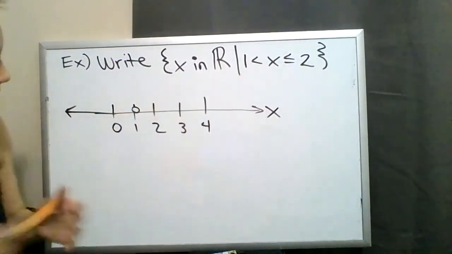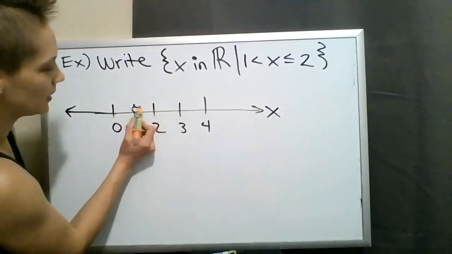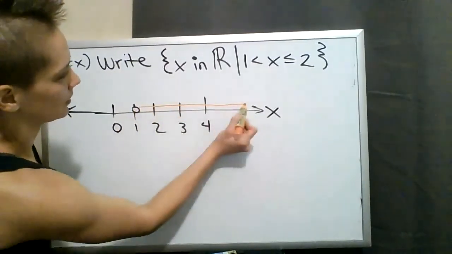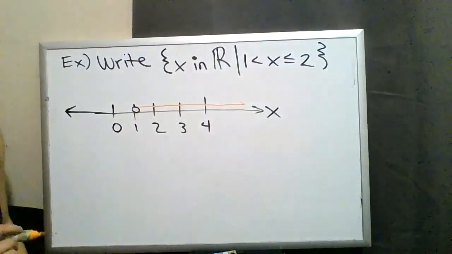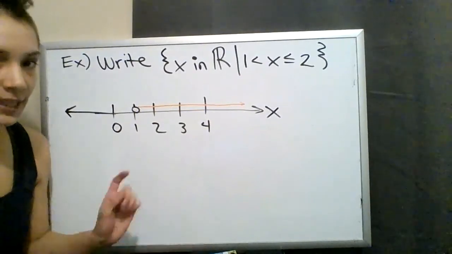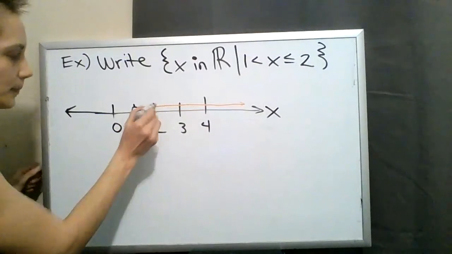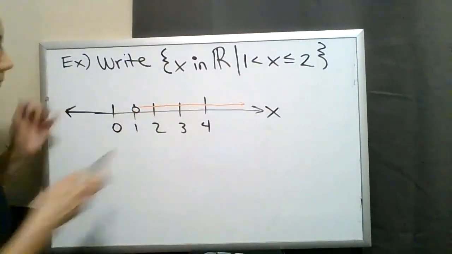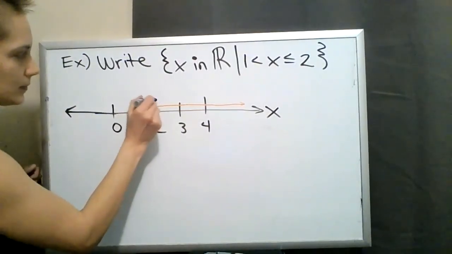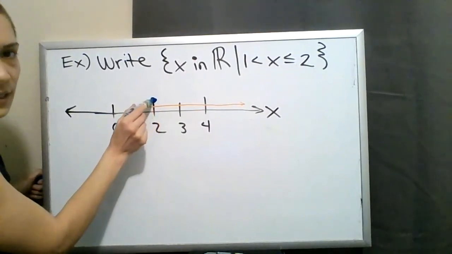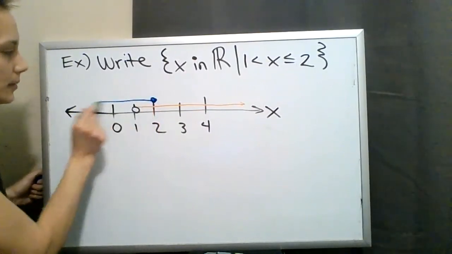So you're going from 1, not including 1. x also needs to be less than or equal to 2, so a solid dot on 2, and numbers less than 2 or equal to 2.